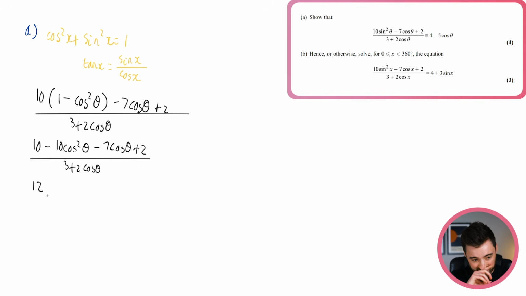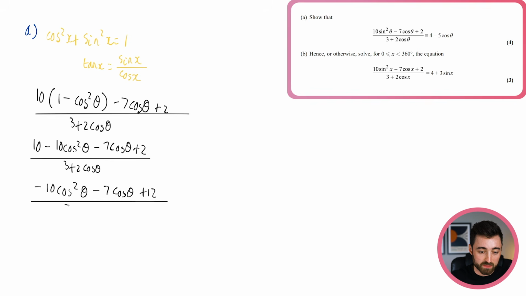So this is a quadratic, isn't it, actually? So why don't we write the cos squared term at the front? So I'm going to get minus 10 cos squared theta. And then I'm going to get minus 7 cos theta. And then plus 12. And then over all of this stuff.